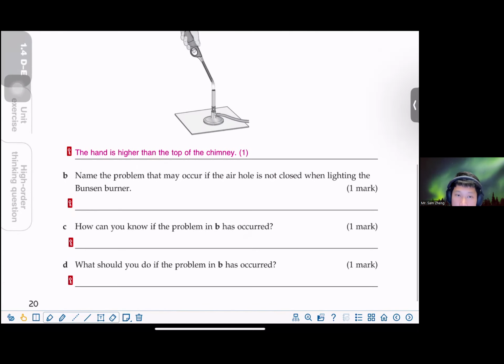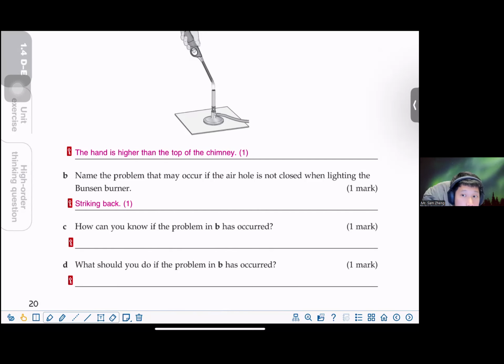Next, name the problem that may occur if the air hole is not closed when lighting the Bunsen burner. One of it would be the striking back. What does striking back mean? It means that when the air hole is open, it will cause a loud noise, and the flame occurs in the air hole, or at the part where the gas is coming out.